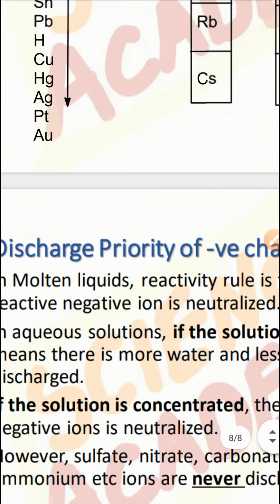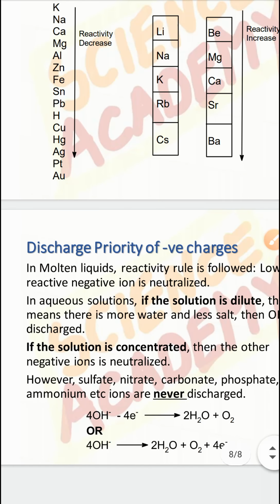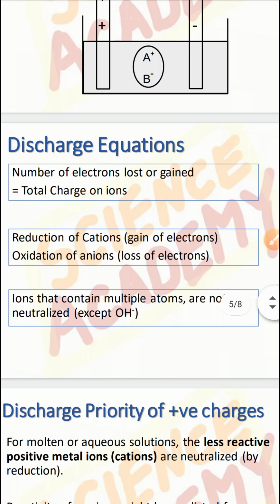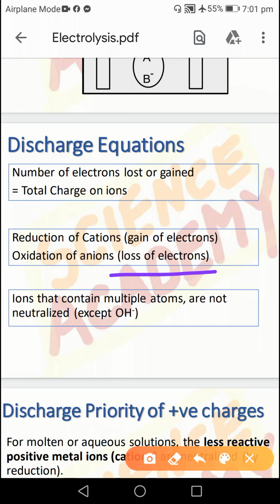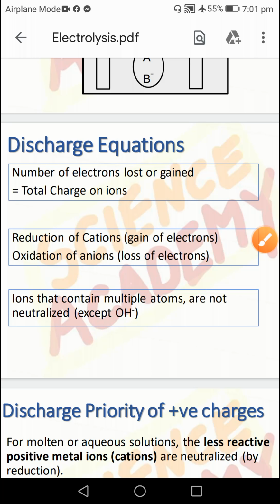Okay, now there is one more important thing to learn in case of negative charges. I have already told this at the first, but again I am going to tell you. Ions that contain multiple atoms are not neutralized except hydroxide, and we have just seen it a few moments ago.